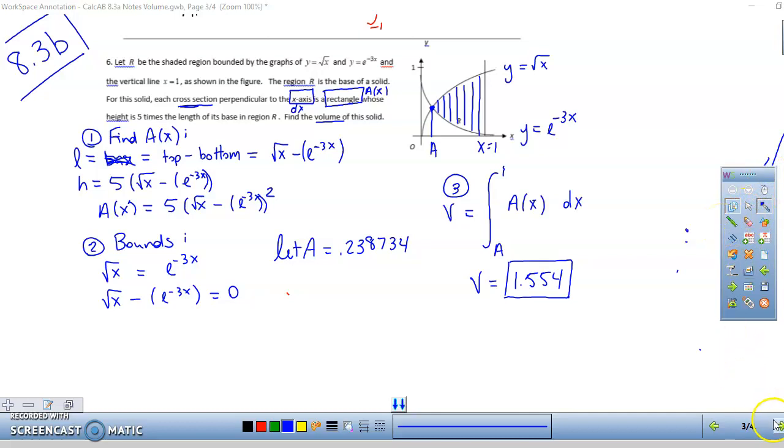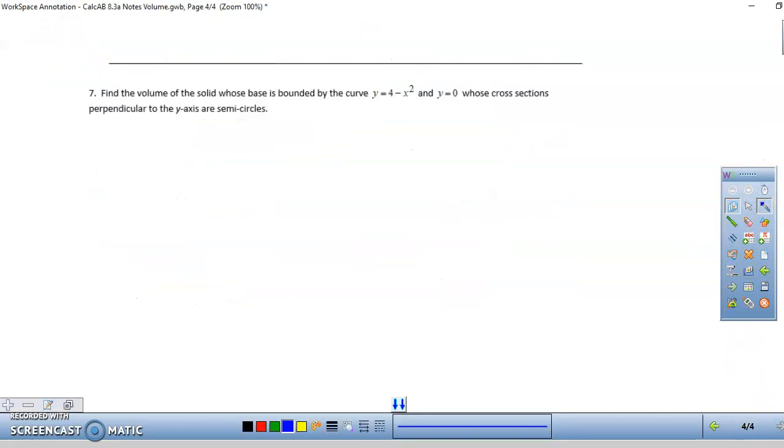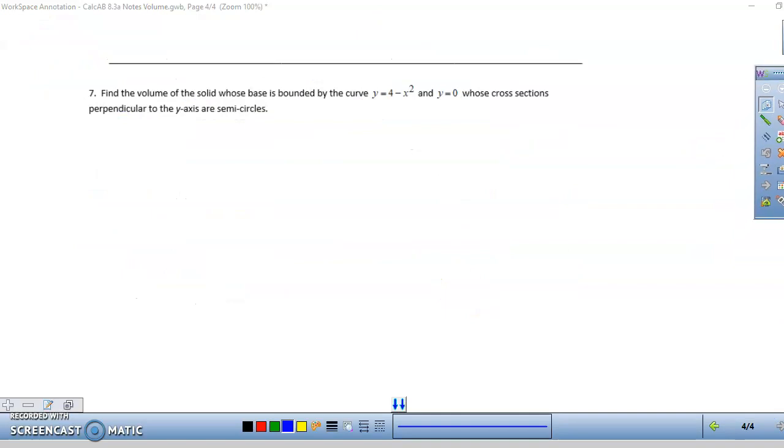All right, so the last one is using the y's again. So here, find the volumes. Again, we're finding a volume bounded by this curve in y equals 0, which we'll draw in a second, and whose cross sections are perpendicular to the y-axis. So we're going to do a dy this time, and they are semicircles.